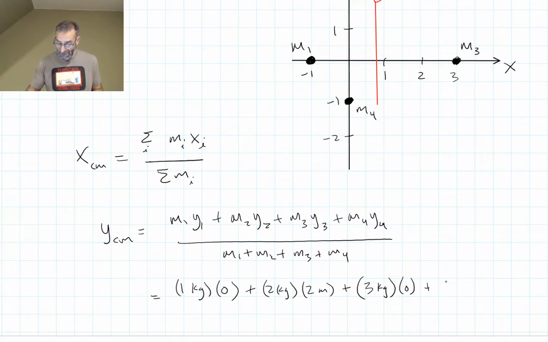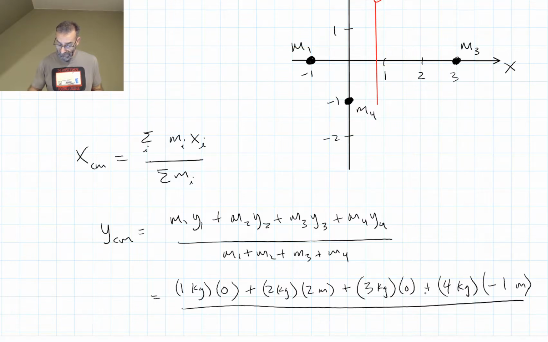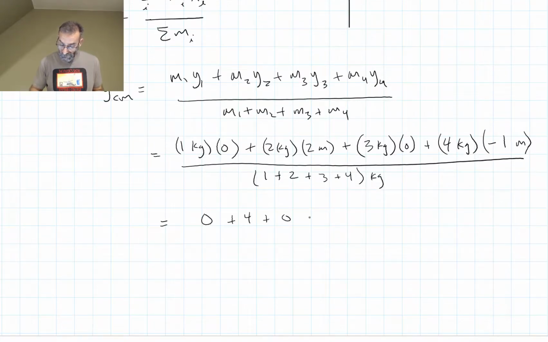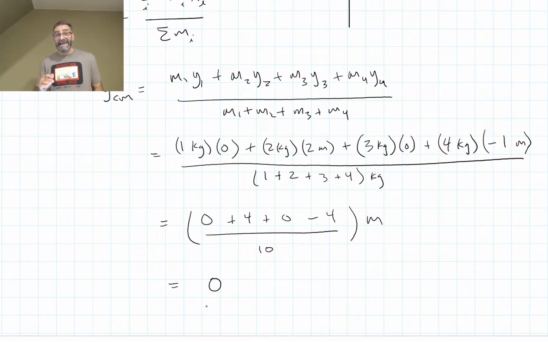When I get to the 4th mass, I have to plug in its y coordinate, which is -1 meter. So the y coordinate of the center of mass is 0.